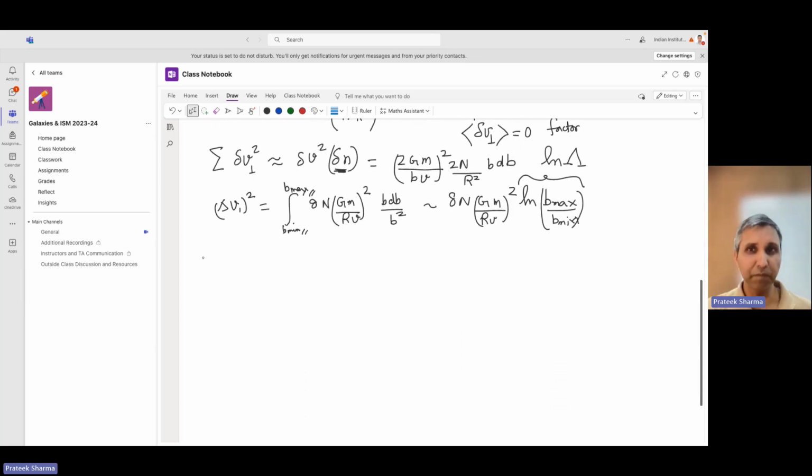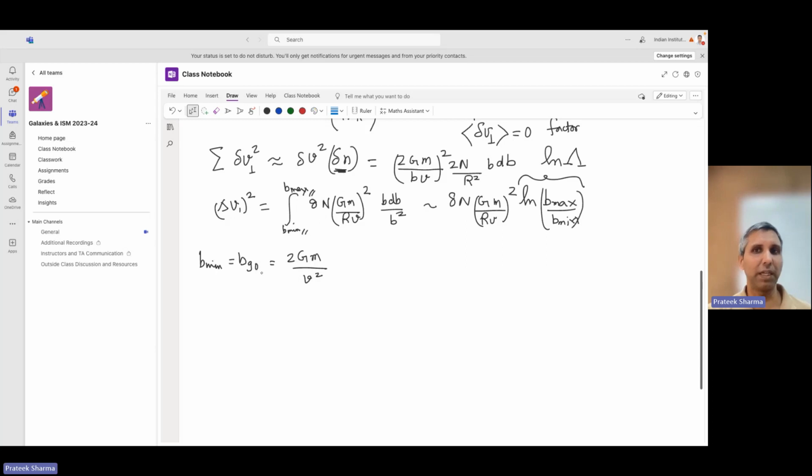And for that, we know that the impulse approximation breaks down when b is equal to b90. So we can actually choose b min equal to b90. This is the small impact parameter for which deflection is substantial, which is equal to twice GM by v squared. It's nothing but half v squared equals GM by b90, basically potential energy equal to kinetic energy.